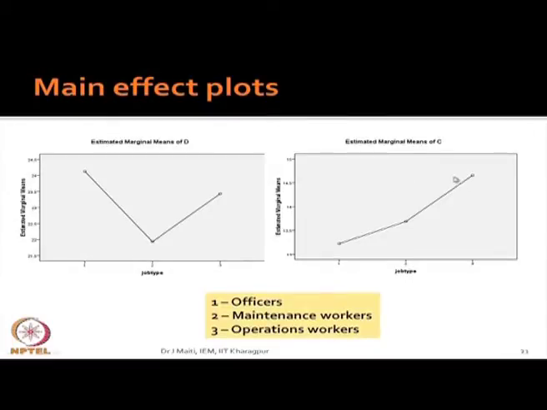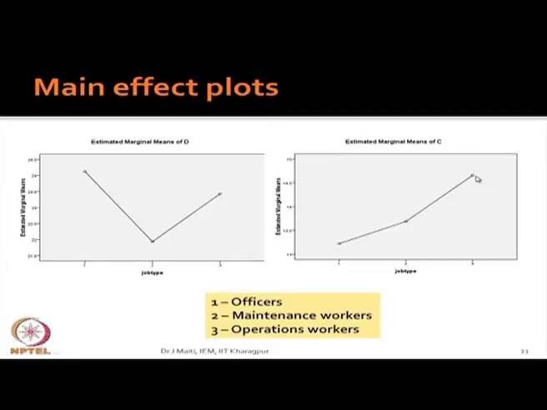The operations workers are doing day to day routine work, most of it already structured, with the standard operating procedure known. So there is hardly any chance to have their discretionary power.